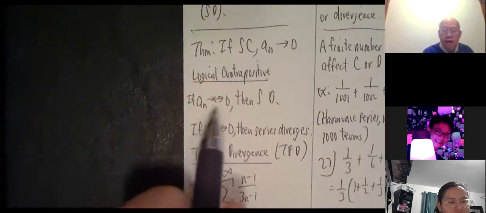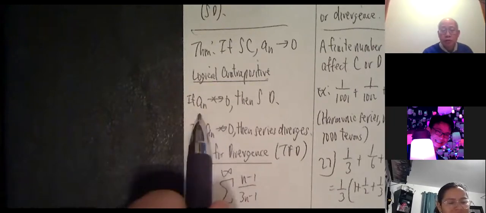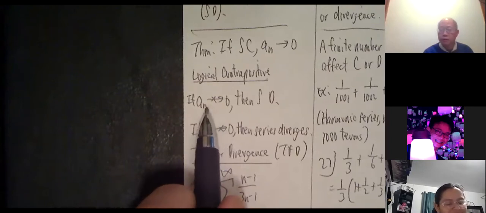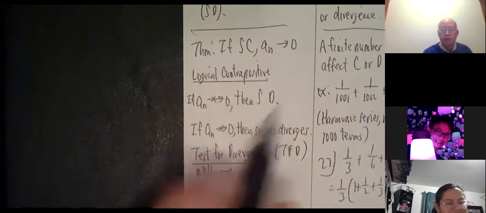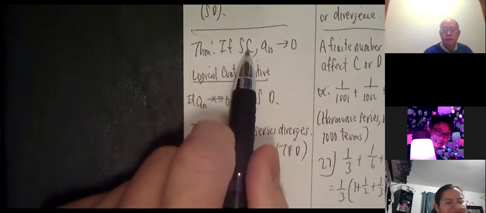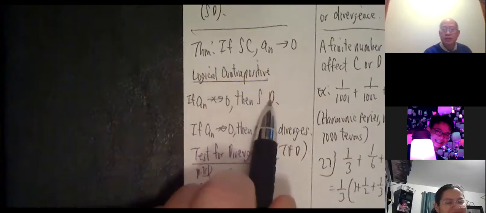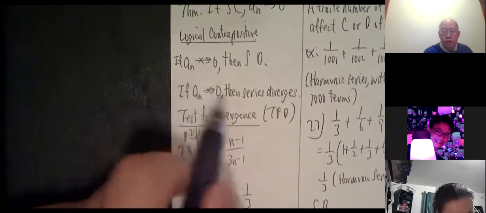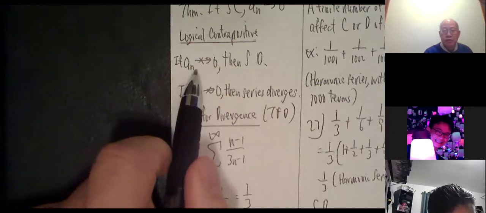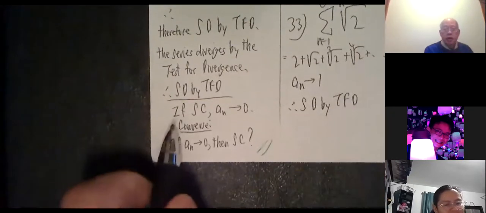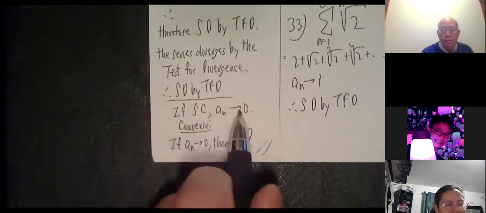If a sub n does not approach 0, which means it approaches another number, or infinity, or negative infinity, or doesn't approach anything, then the series diverges. So my abbreviations: SC, series converges. SD, series diverges. Test for divergence is this: if a sub n does not approach 0, the series diverges. And what the text just went over: if a series converges, a sub n approaches 0.